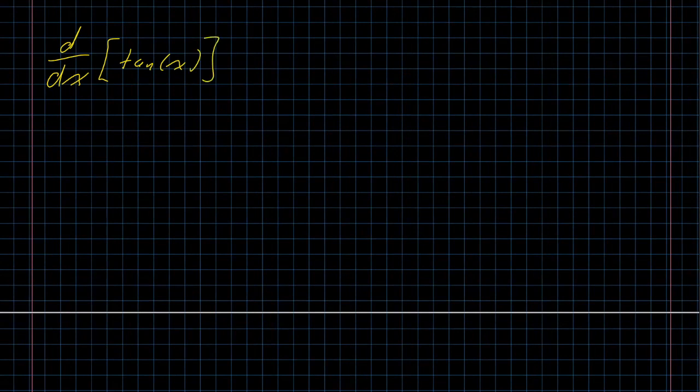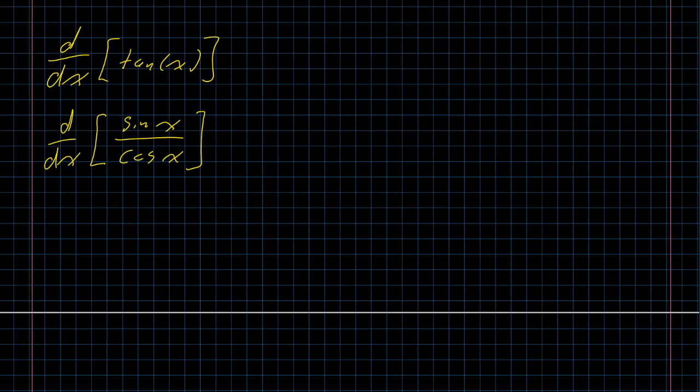Now that we have the derivative of sine and cosine, we can take a look at the other trigonometric functions. Tangent, the ratio identity tells us, is sine of x over cosine of x. And we can take the derivative of this using the quotient rule.